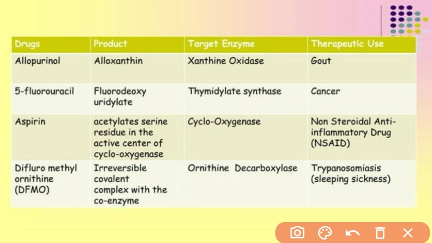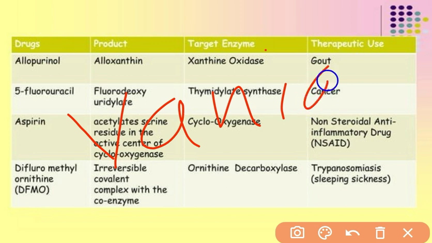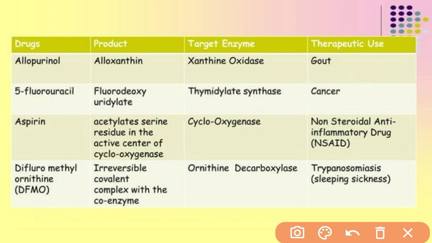Then the next, difluoromethylornithine, DFMO, or eflornithine, sold under the brand name Vaniqa. This inhibitor can bind with a covalent bond irreversibly to the enzyme ornithine decarboxylase.